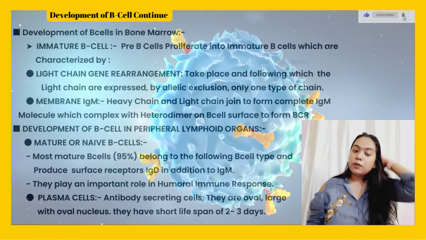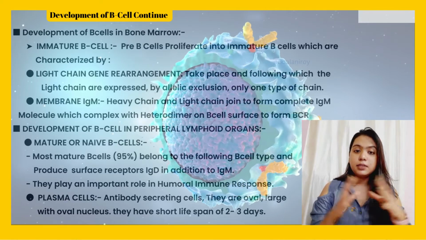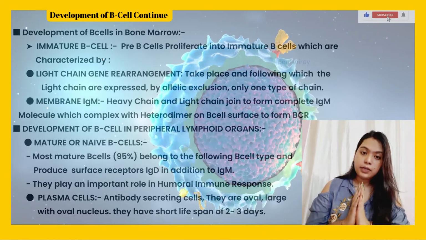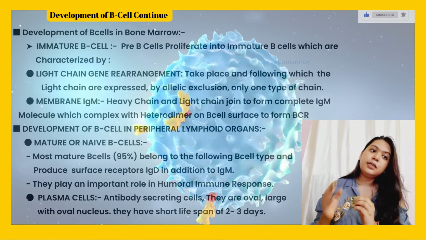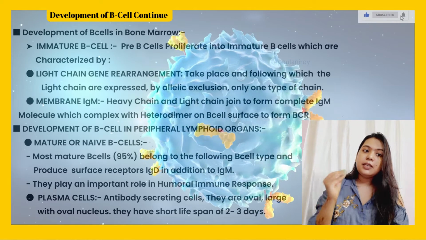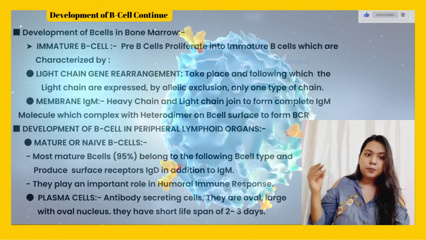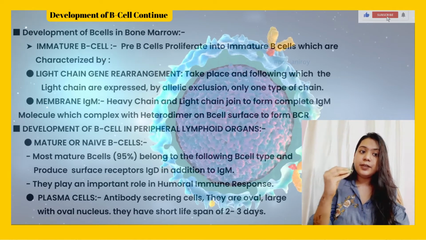Now see guys, whatever I discussed in the previous slide, the same thing is in your notes in this slide, okay. Now see, development of B cell is continued. Now see, immature B cell, pre-B cell, they will proliferate into immature B cell, which are characterized by the light chain gene rearrangement.